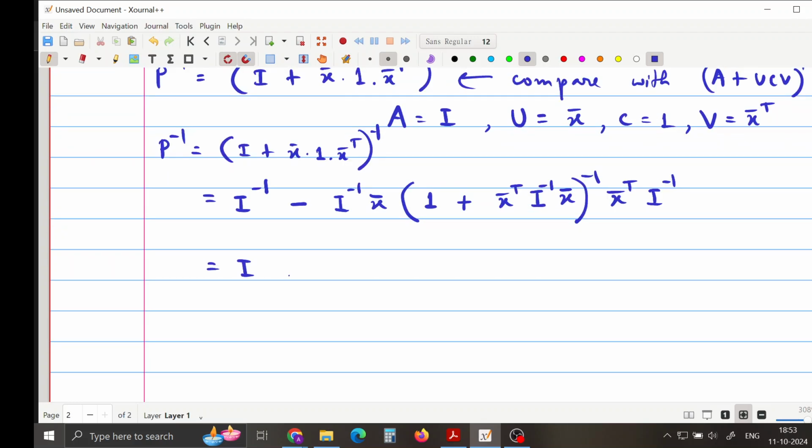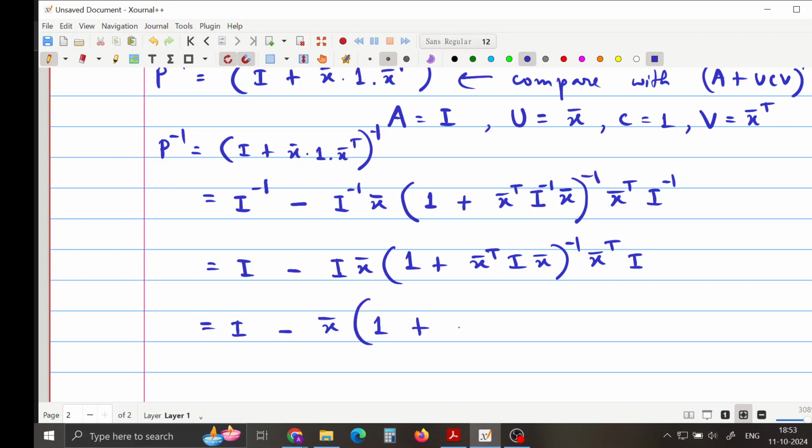So identity inverse is identity, identity acting on x gives me x, plus, and again this reduces to this.